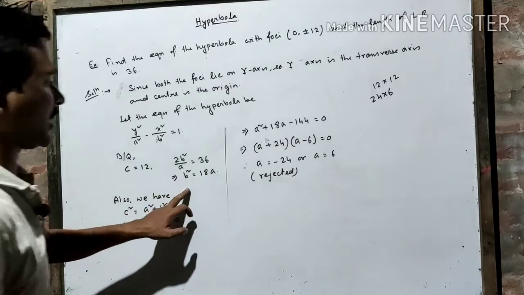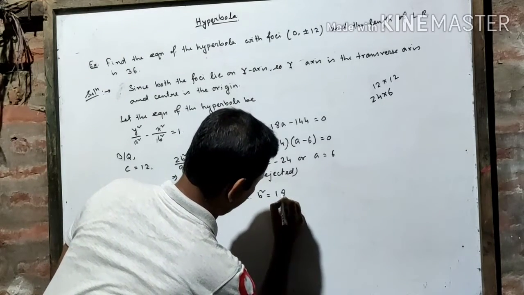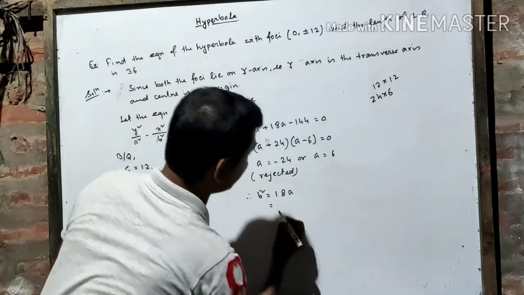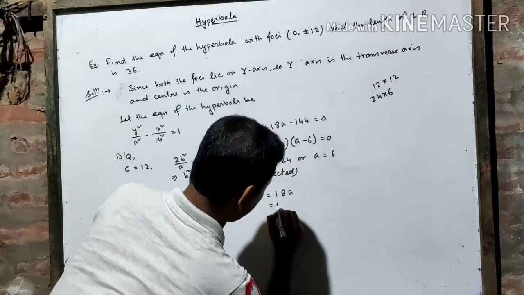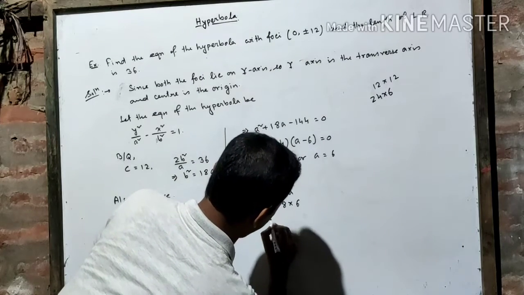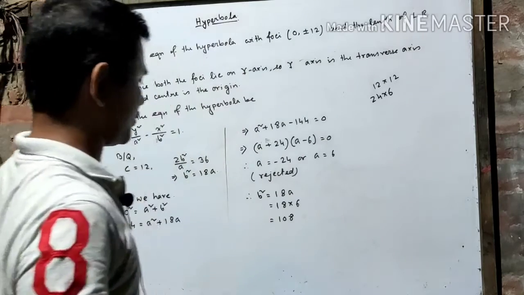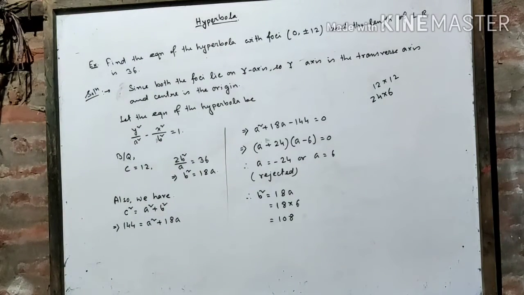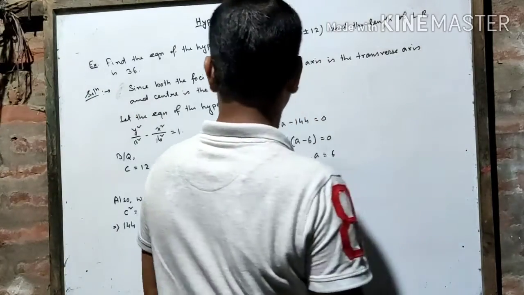So what is b square? Therefore b square is equal to 18a, which is 18 into 6, that is 108. So what is the equation of the hyperbola? We just put the values of a and b here.